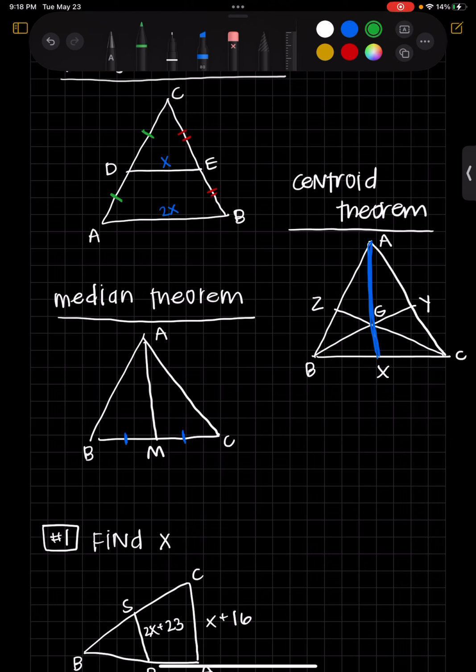And then from A to G is 2 parts. And from G to X is 1 part. It's kind of confusing right now, but I'll show you how to work them out in the examples. So let's just get started with the examples.